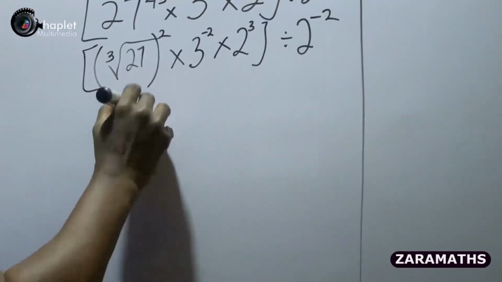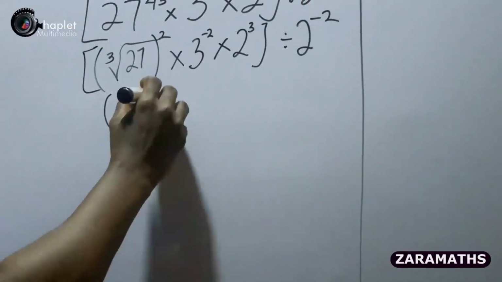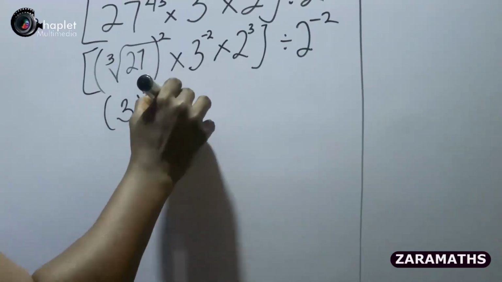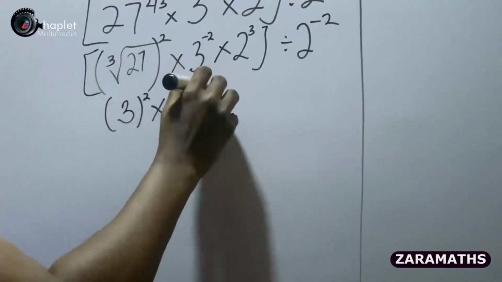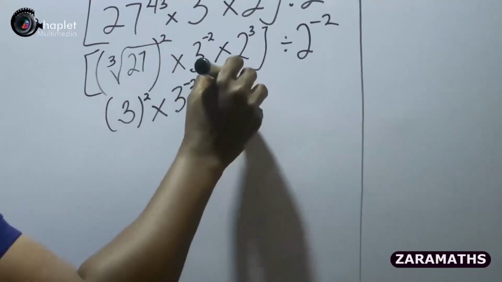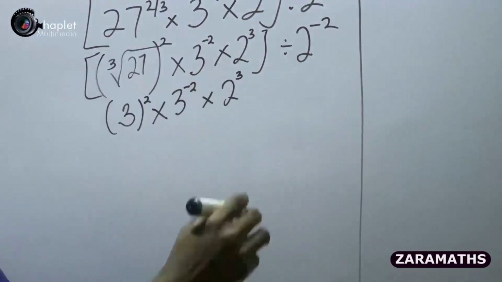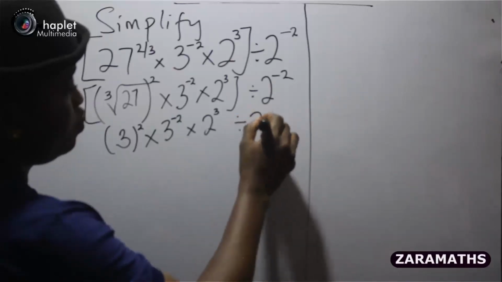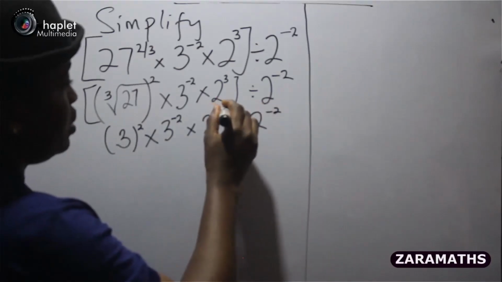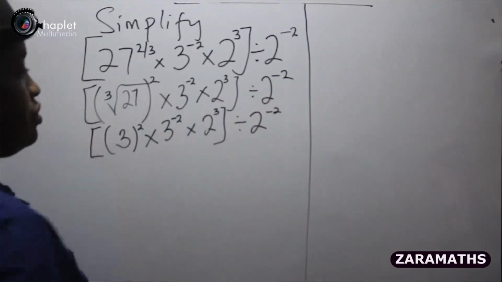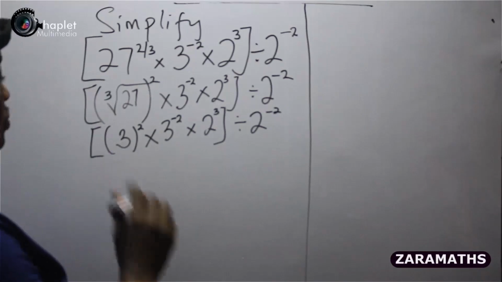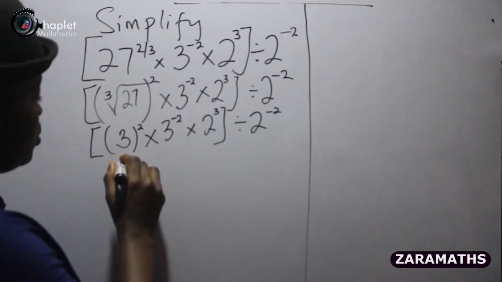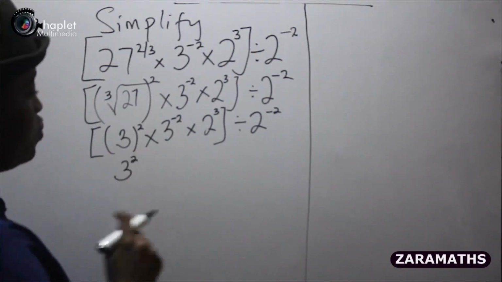3 raised to the power of 2, times 3 raised to the power of minus 2, times 2 raised to the power of 3, divided by 2 to the minus 2. Remember, this is in a bracket. Here becomes 3 raised to the power of 2.